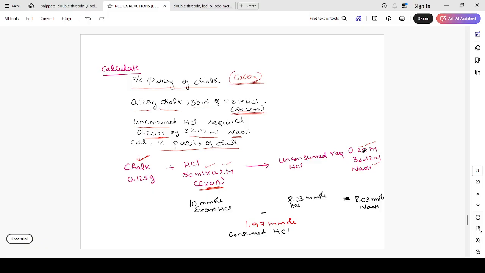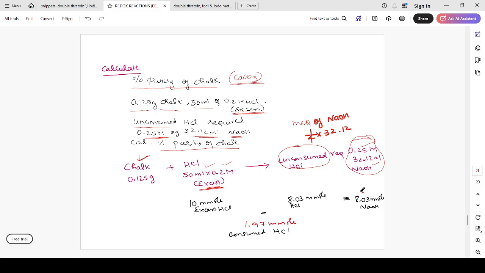So I know very well this unconsumed HCl can be calculated using the millimoles calculation of sodium hydroxide. So let's calculate the milli equivalents of sodium hydroxide. 0.25 into 32.12, that is 1/4 of 32.12, correct?